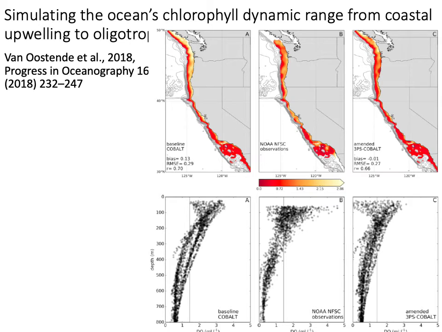So this had consequences for the representation of hypoxia in the region, where because we were able to get productivity focused more on the coast, we were able to represent lower upper water column oxygen values more consistent with the observations. So a success in structural change.